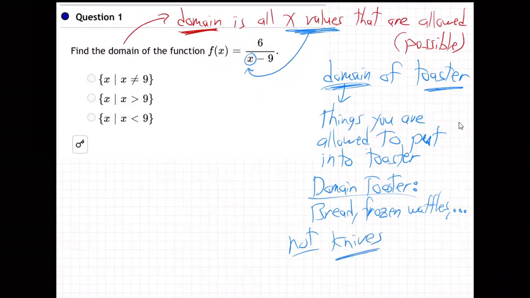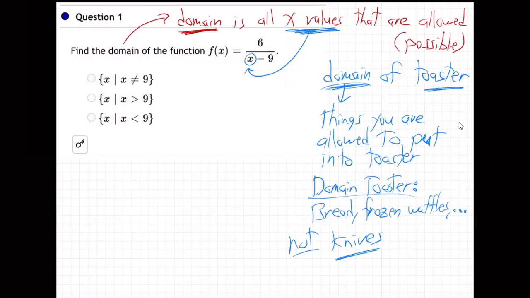You could get yourself electrocuted or something, I suppose, right? So you get the idea. Domain is things that you're allowed, X values that you're allowed to plug in. So for a toaster, it'd be what you can put in a toaster. For a function like this one, it's what you're allowed to plug in for X. So X, remember, the X in a function is like the holes in a toaster. It's the insert slot. It's where you plug stuff in.